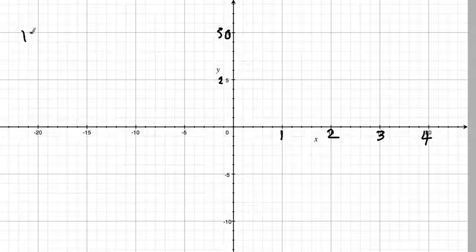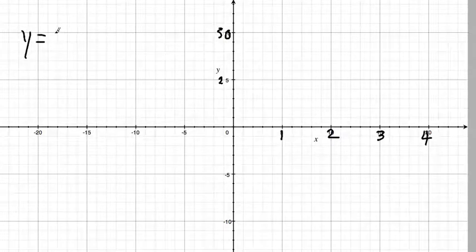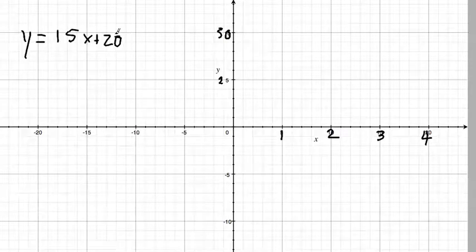So our first line is y is equal to 15x plus 20. That means that our y-intercept is 20, and if x goes up by 1, then y goes up by 15.